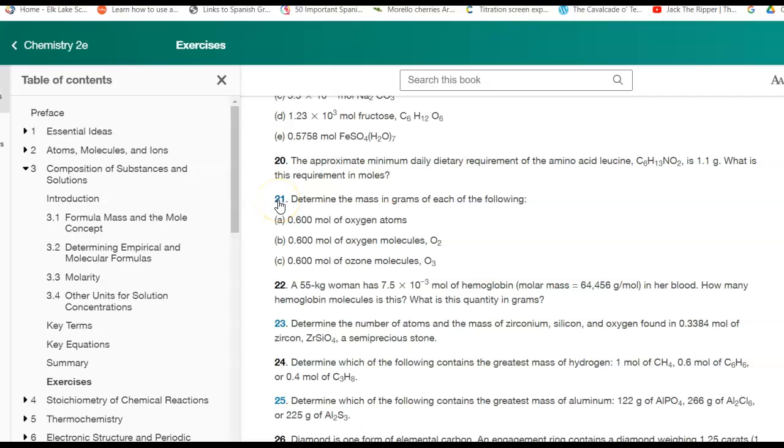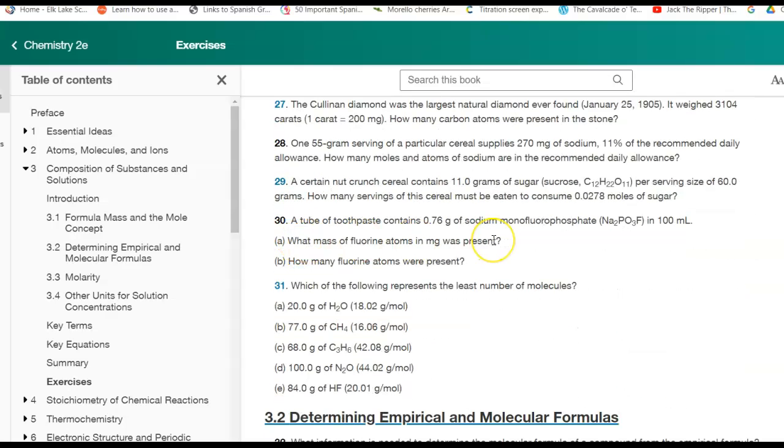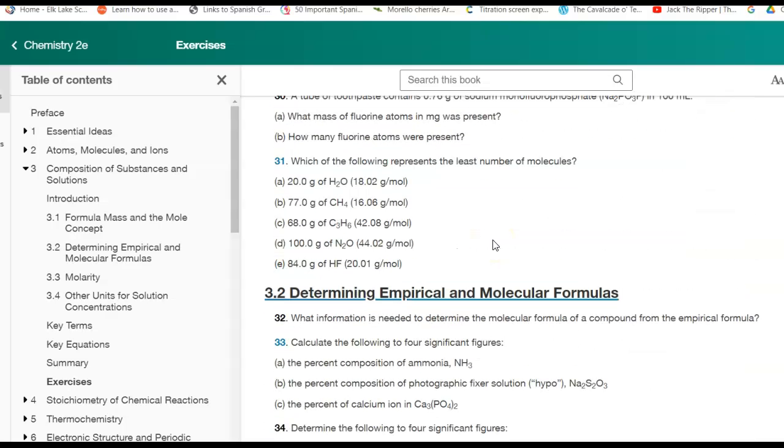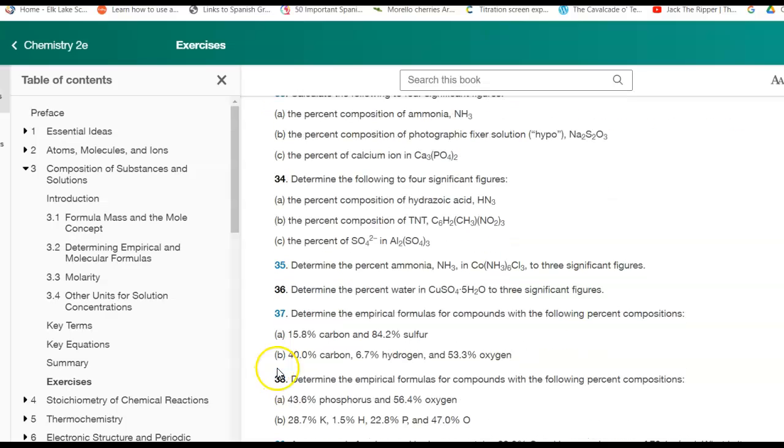Let's also do 33, 34, 35. I already told you a problem like 36 and 37. So 32 through 36. Don't do 37.